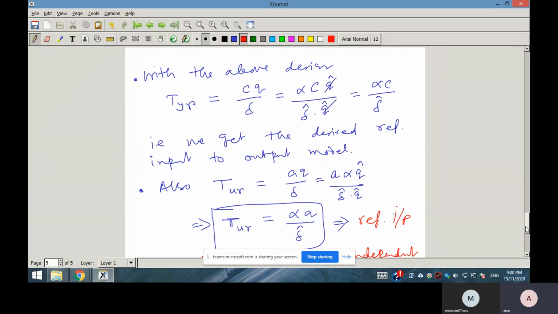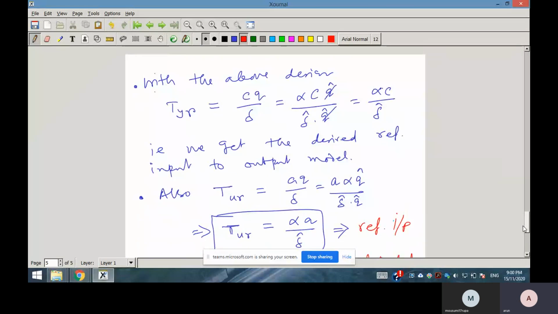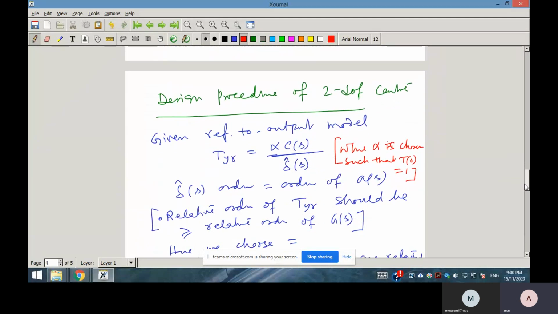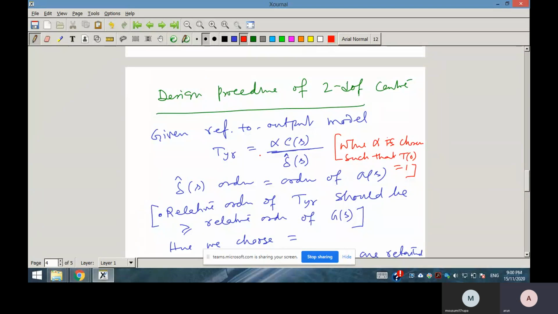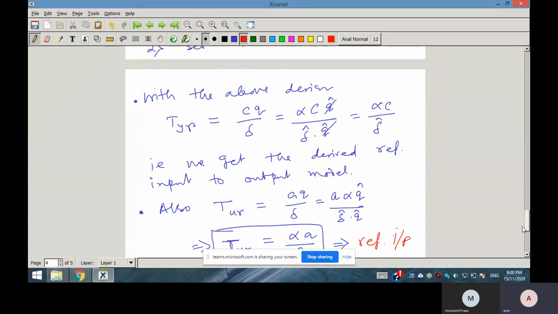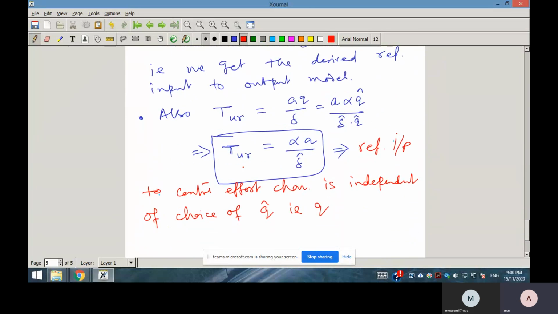Once alpha is fixed, your T_YR transfer function will be fixed. And not only that, this is very important: your T_U2R transfer function also gets fixed once you have chosen a desired reference model.